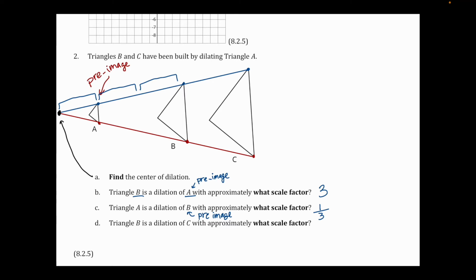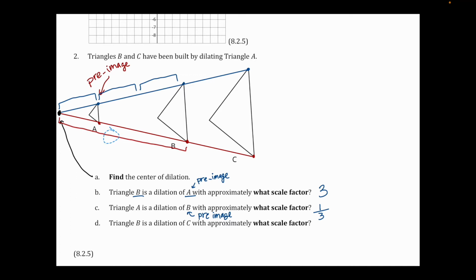And the last piece that we're really looking at is triangle B and triangle C, and approximating a scale factor here. So I am actually going to use the underneath part and maybe just sort of draw an approximation of where B lands.